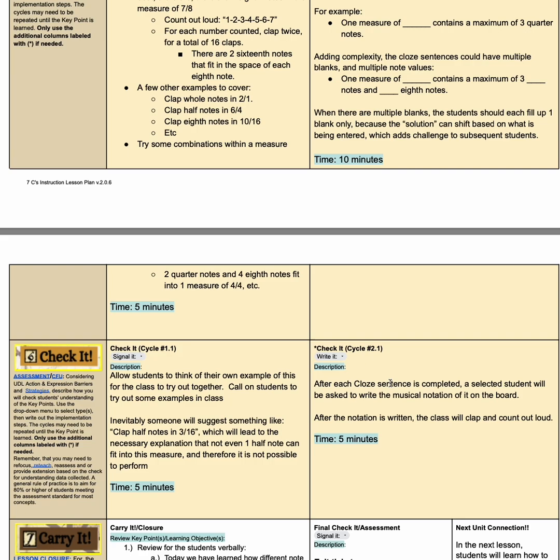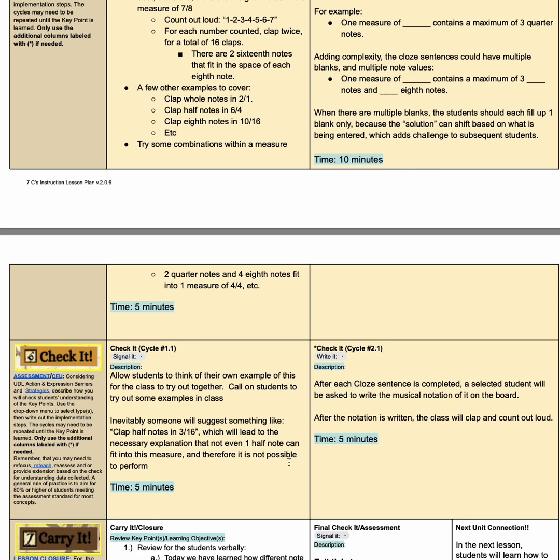The students will write the musical notation of the closed sentences back on the board, which obviously requires an understanding of the closed sentences. And then after that, we'll clap them out loud. So I'm putting some differentiation right here in the check-it cycle.